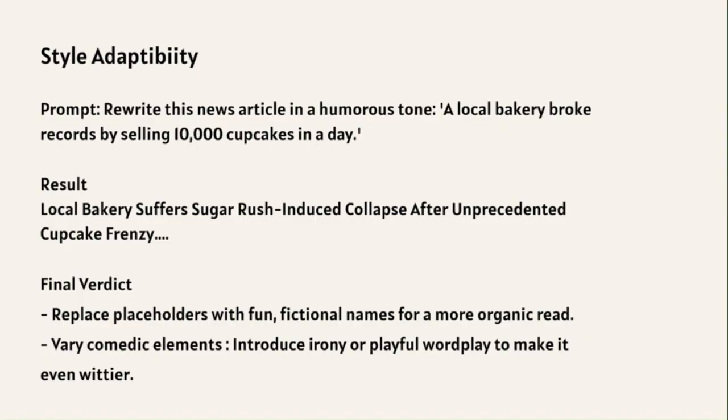So the only thing is it needs to replace them with fictional yet realistic sounding names, and it could also have thrown in some humorous stuff to make the text more humorous, as that's what I asked.